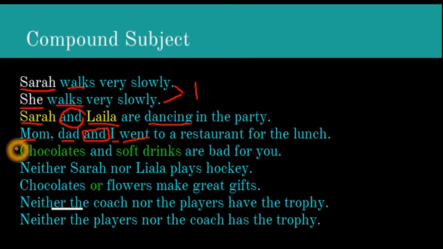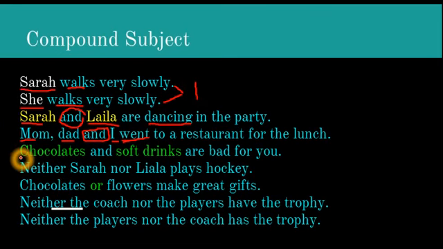Now, we have to be careful that the verb must agree with its subject in number. In a compound subject, the verb agrees with the closest subject when the subject is joined by or or nor. And when two or more subjects are joined by and, use a plural verb.